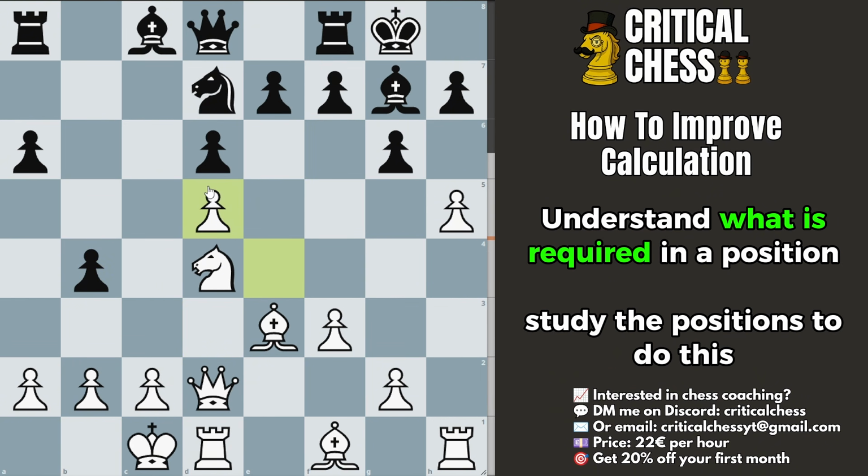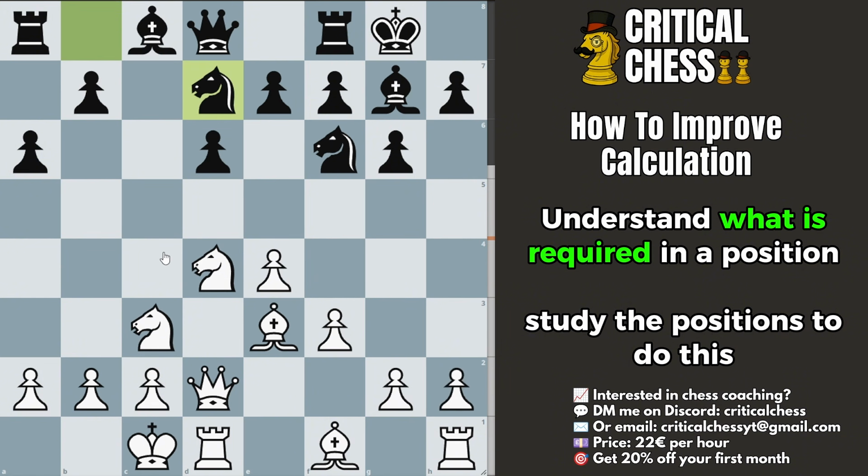You need to filter out all of the bad moves in order to understand all of the good moves. And in order to be able to accomplish that, you need to study the positions. You need to understand the positional nuances. So in a way, having strong positional understanding of the game allows you to calculate better because you know what to look for in any given position.